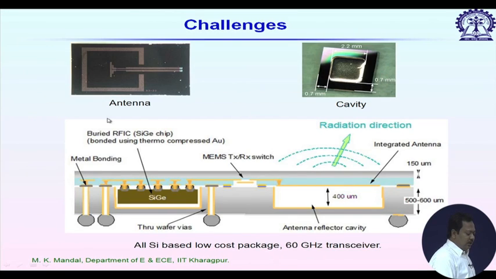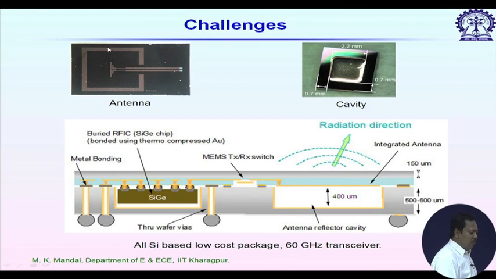So, this is showing a typical scenario, one on chip antenna. You can see the copper part fabricated on silicon, but the problem is that if we directly fabricate one antenna on silicon, most probably it is not going to radiate anything. Almost all of its power will be absorbed by the silicon.